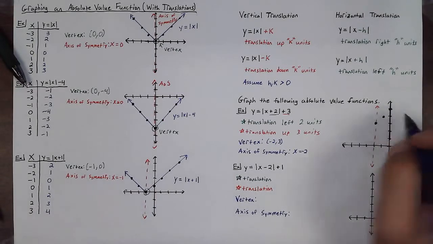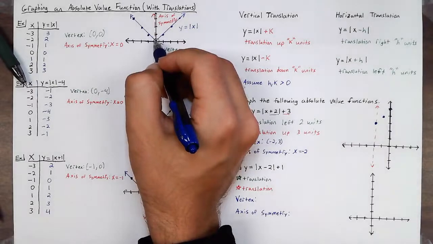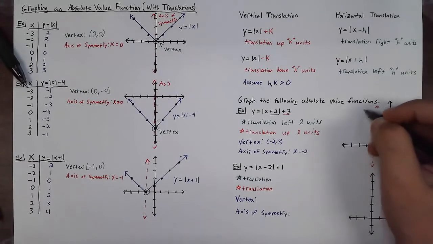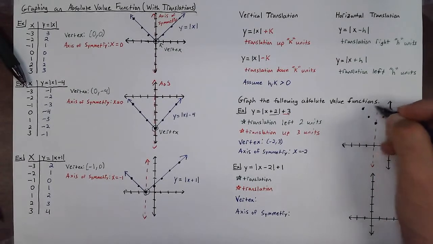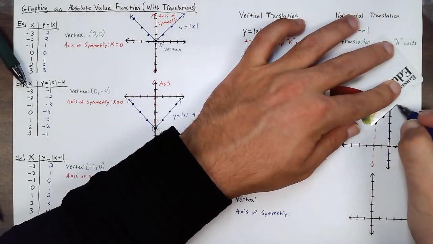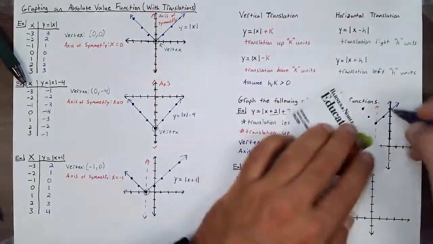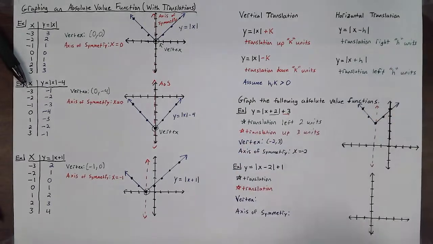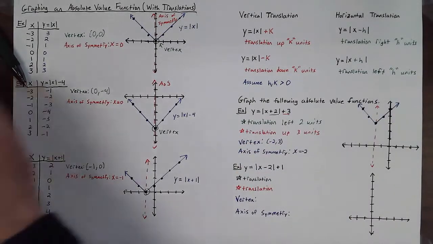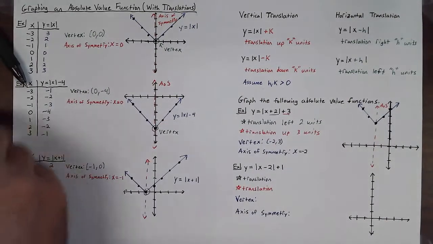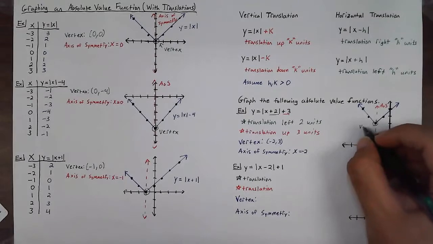And also to the left it has a slope of negative 1, meaning up 1, back 1. But using that axis of symmetry to show that these two lines are symmetric of one another. And then I'll draw my lines. And there's your graph, complete with an axis of symmetry as well as a vertex.